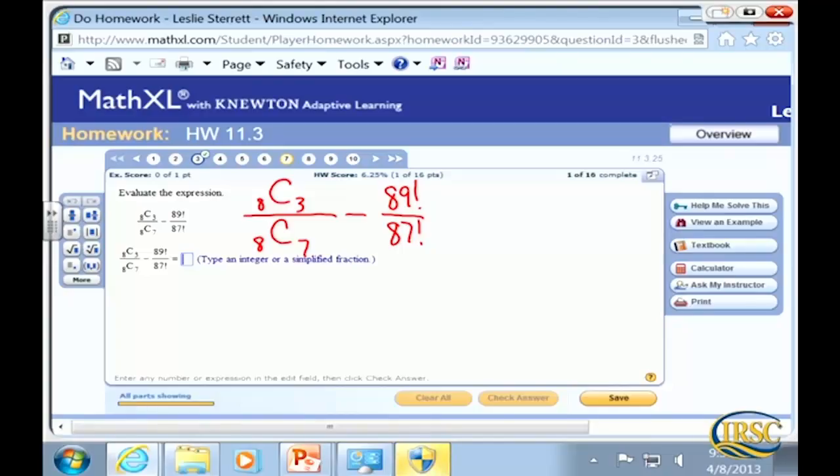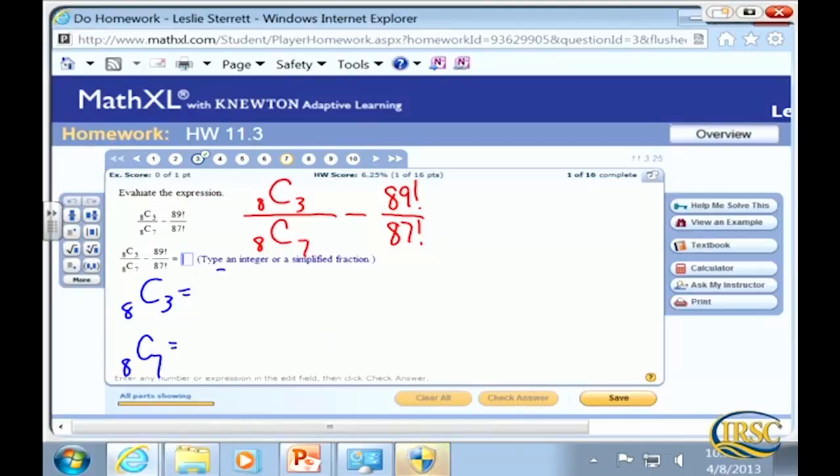Maybe you have to work part of it out as scratch work and then plug your numbers back in. So where I would start is doing each of these combinations. So we want to do the combination of 8 choose 3, and then we want to do a combination of 8 choose 7. And so, work that out off to the side here. Okay, so go ahead and work out both of those combinations using the formula.